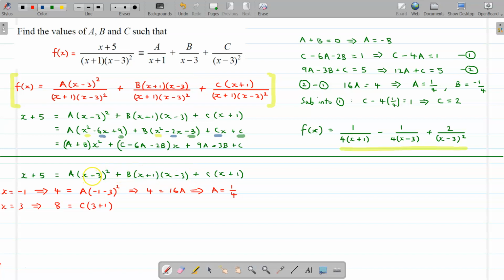So the only bracket that would have a value would be this one, and that means 8 equals 4c. So 8 equals 4c, therefore c equals 2, which we also know from earlier.